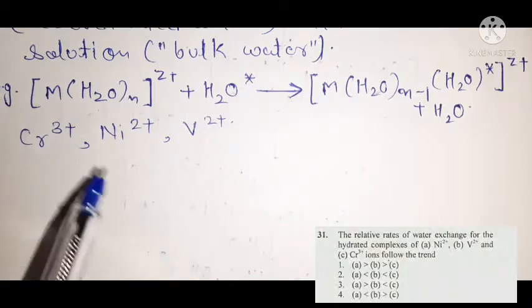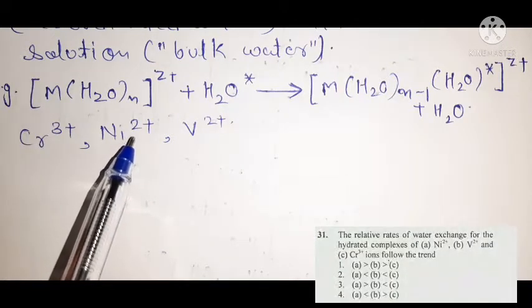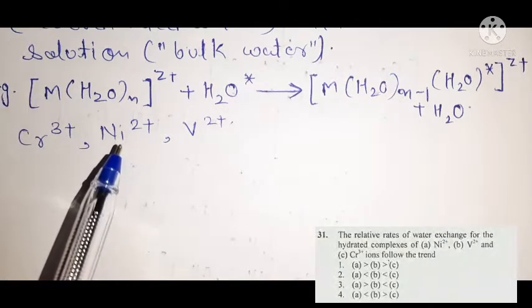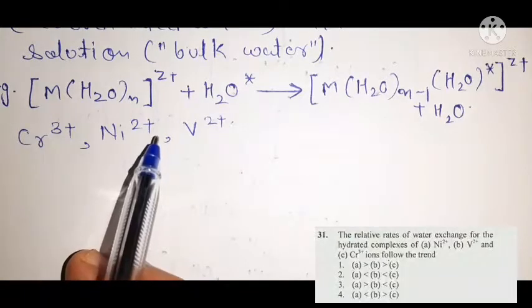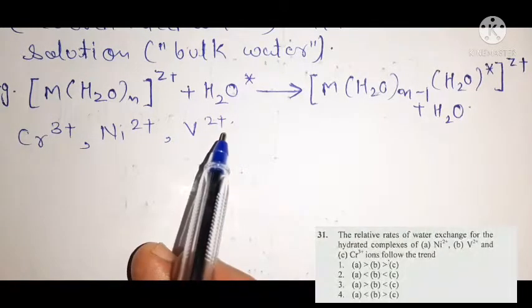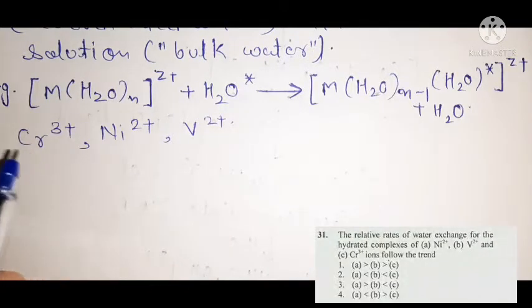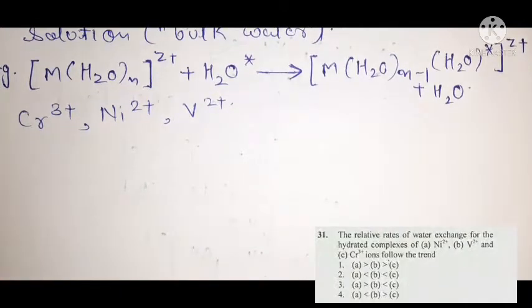So between chromium 3 plus and nickel 2 plus, the reaction rate is higher for nickel 2 plus, because it has 2 plus charge. Vanadium also has 2 plus charge and chromium has 3 plus charge. So chromium 3 plus will exchange its water more slowly than nickel 2 plus and vanadium 2 plus.